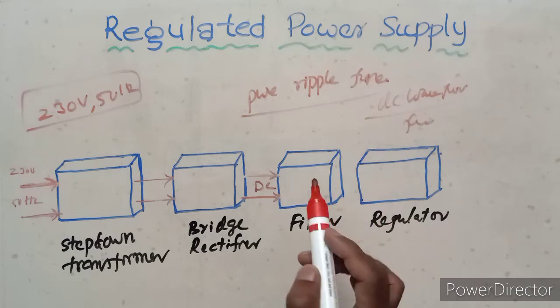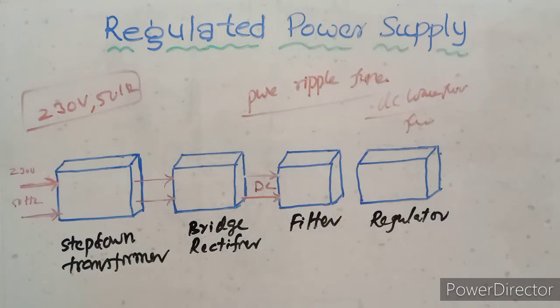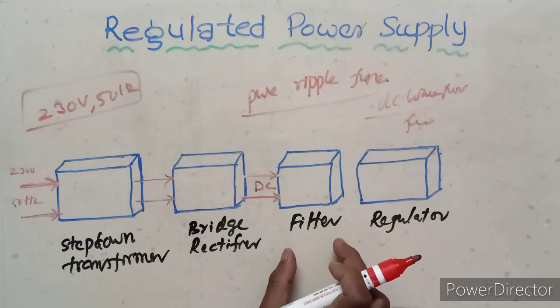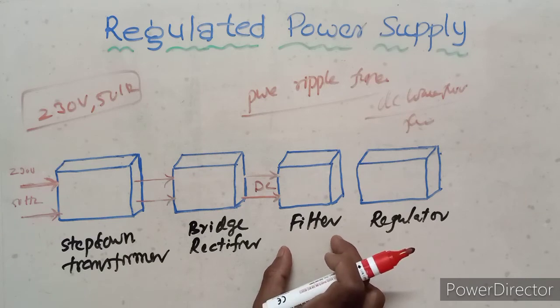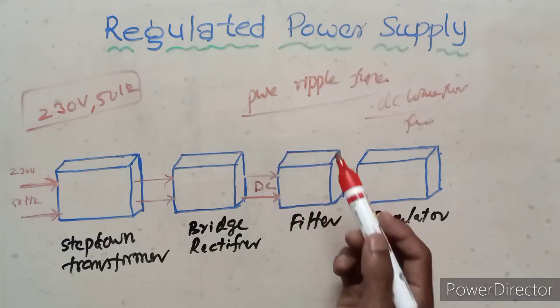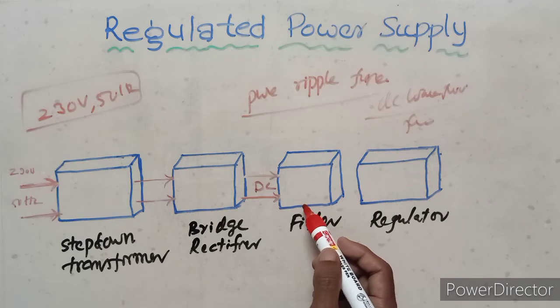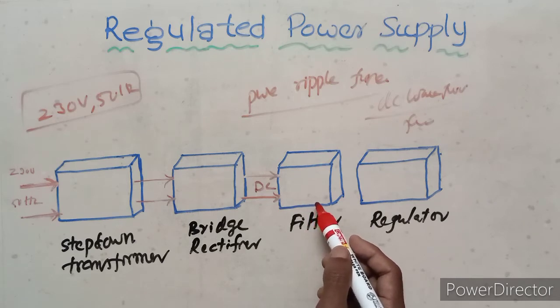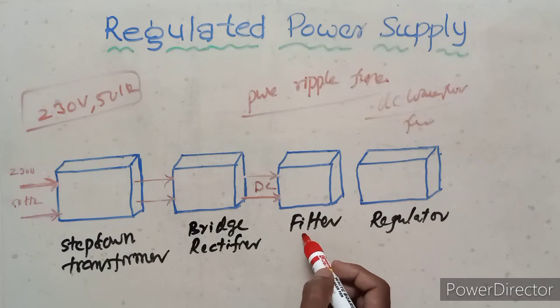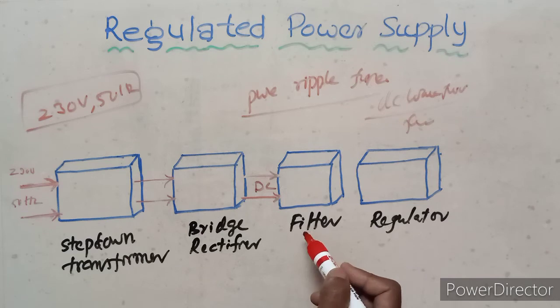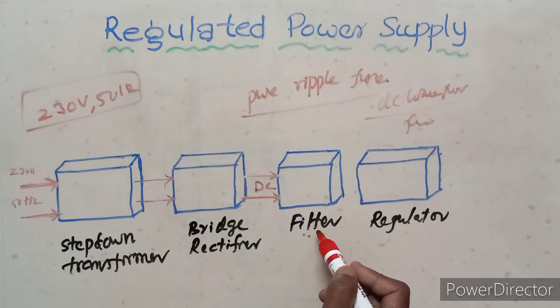We want smooth DC. So this filter is used to smooth that pulsating DC voltage. The very high ripple is converted into very small ripple. So the filter is used for the pulsating DC to smooth the DC, reducing the large ripple to small ripple.